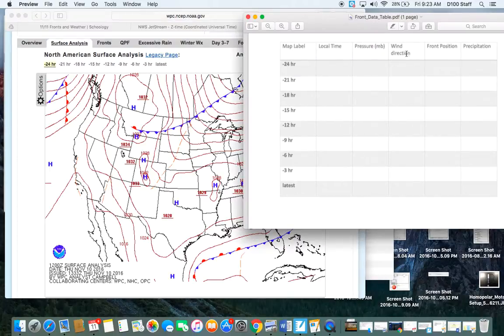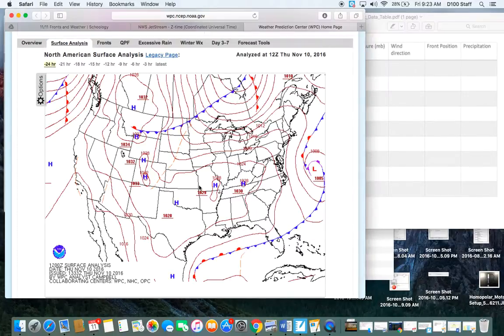Okay. Next is wind direction. You can either use what you know about the direction of high pressure systems, which is clockwise. So that's the closest system to Berwyn that we can see. So that wind is probably going to be coming from the west as it circles around this high pressure area.